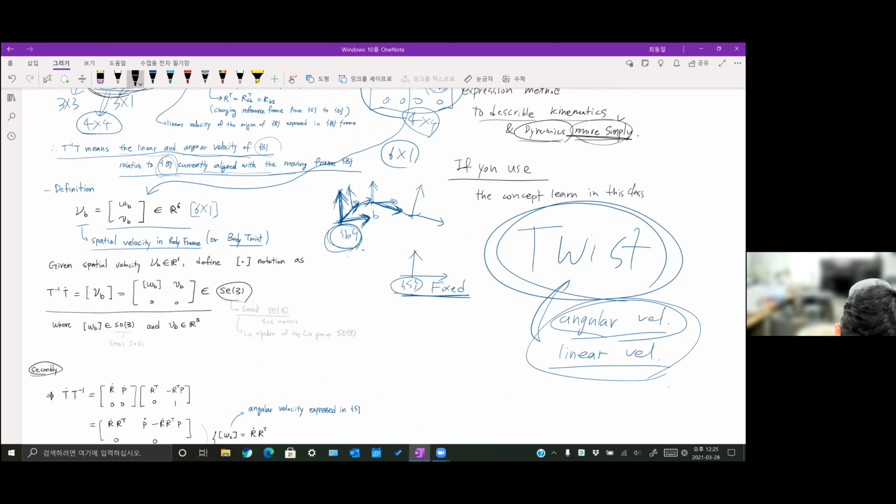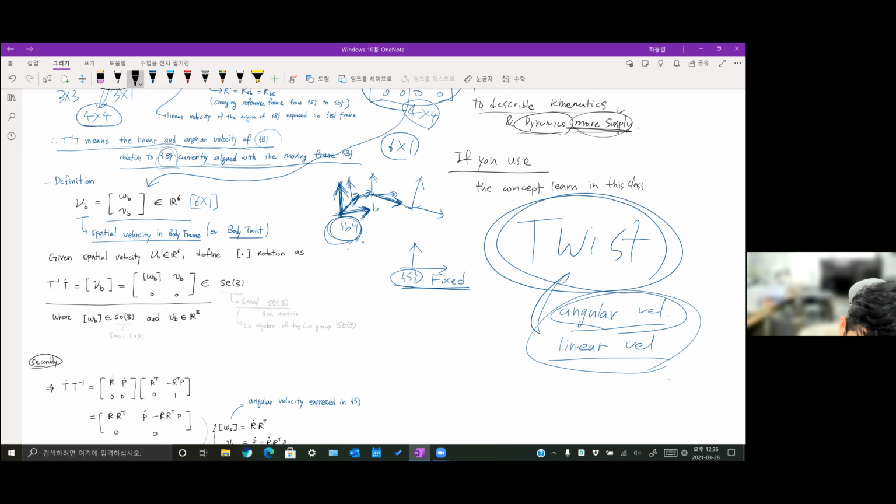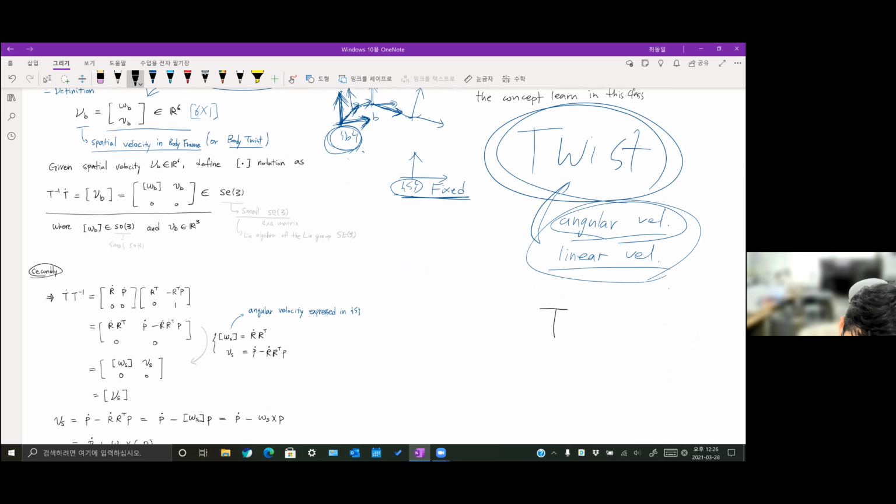So the special Euclidean group is the Lie group SE3, but this small se3 is the Lie algebra. We call it the Lie algebra of the Lie group SE3. So small se3 becomes a 4x4 matrix, so there was T, the large SE3, and there is a small se3.